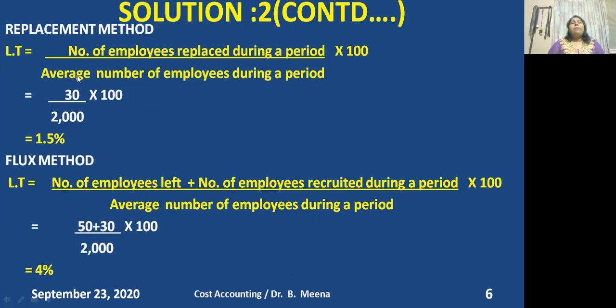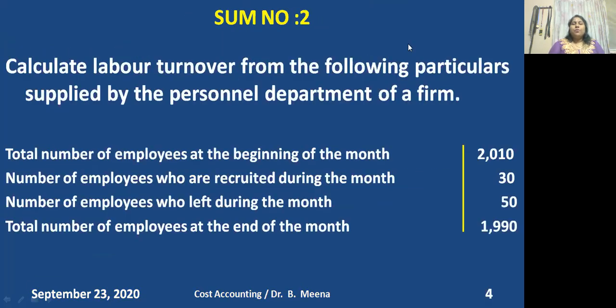Next, I'll go to the replacement method. Under replacement method, I will write the formulas first. What's the formula? Number of employees replaced during a period divided by average number of employees. Okay. So how many of them replaced? As per this problem, the problem doesn't have the information about the replace.